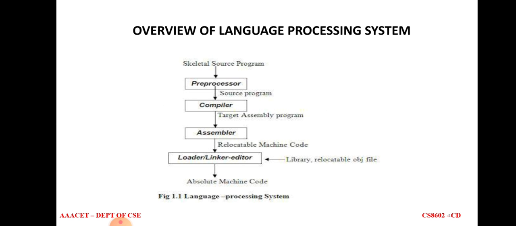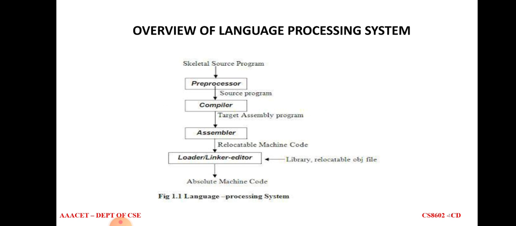The phases of a compiler start with an overview of the general language processing system. It is the concept of processing of any language. There are four important points: the preprocessor, compiler, assembler, and finally the loader or linker. Initially the preprocessor takes the skeletal source program as input and produces the source program as output.